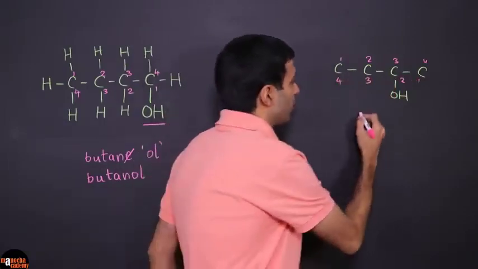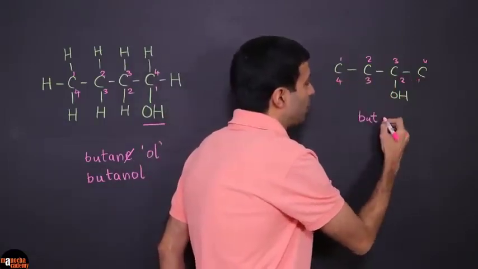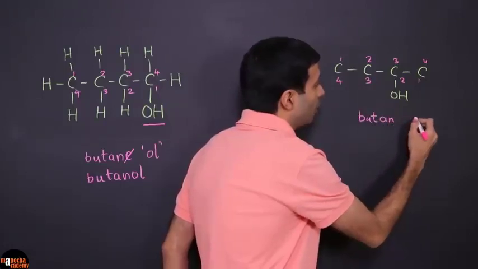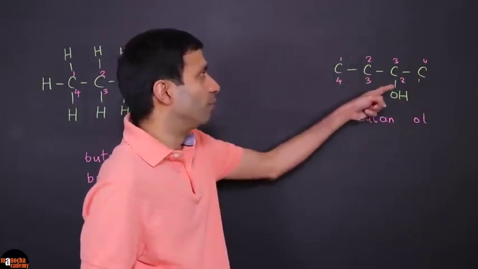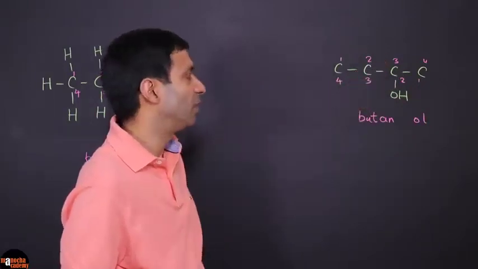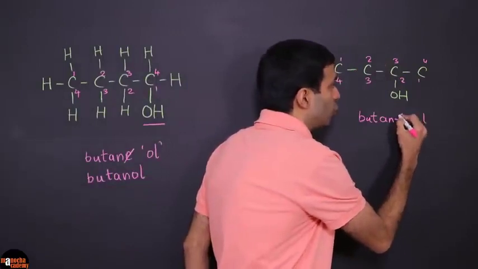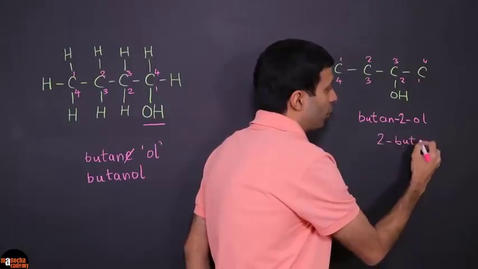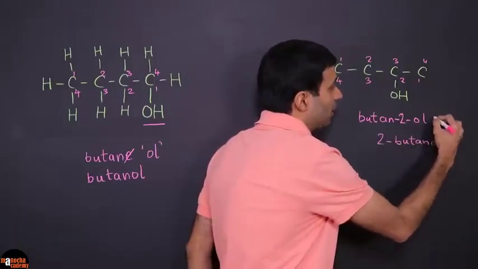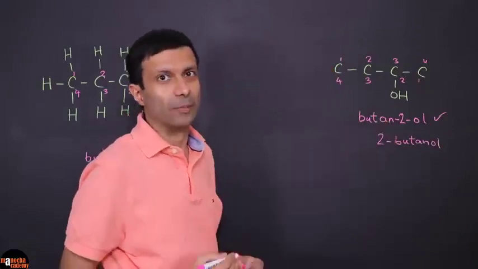So this will be but. It will start with but, and the name would have been butanol, but the position of OH is on 2 because we'll not take 3, that's the larger number. So it's basically butan-2-ol, or sometimes you might find it written as 2-butanol, but usually this is the preferred way of numbering it, butan-2-ol.